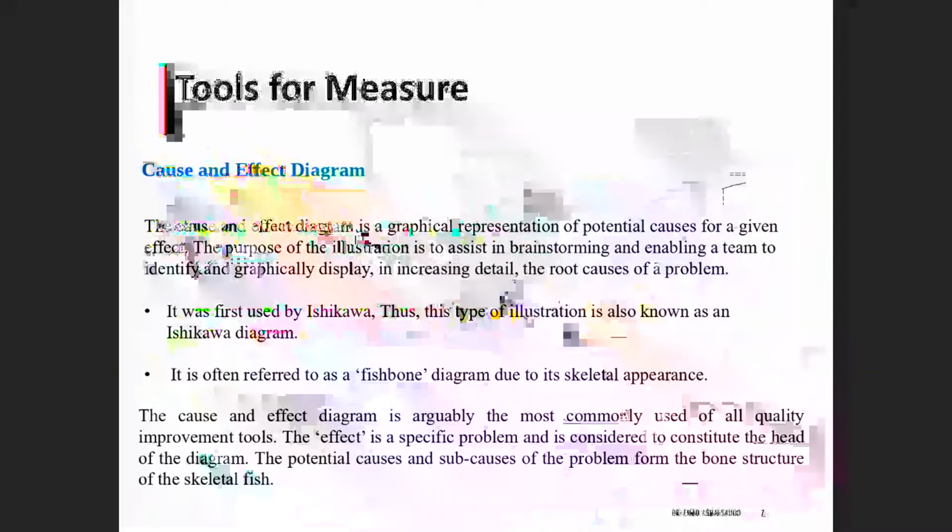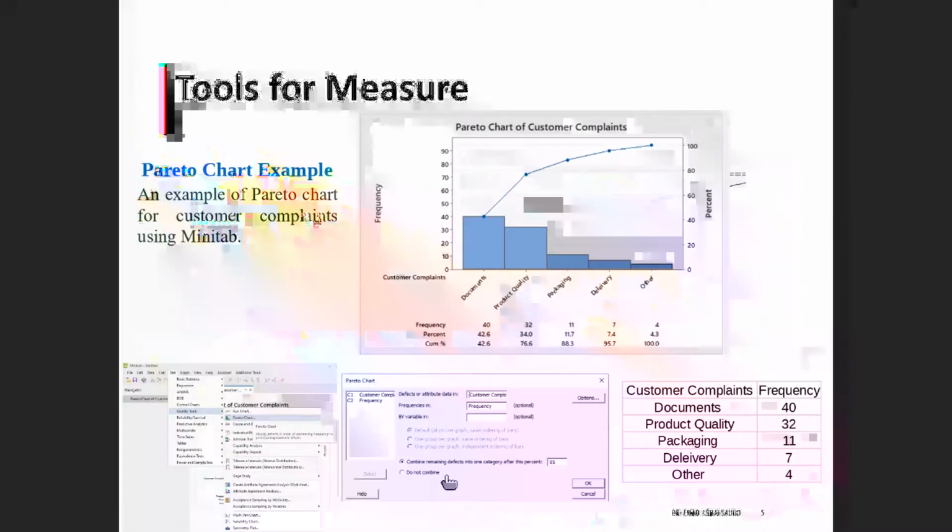What is the difference between cause and effect, Pareto, histogram? Cause and effect diagram gives you the overall picture about the causes. Both the Pareto and the cause and effect diagram deal with the effect and causes. For example, in the Pareto, we have the effect, which is the customer complaints, and the causes, and we prioritize them and see the frequency of each one of them.